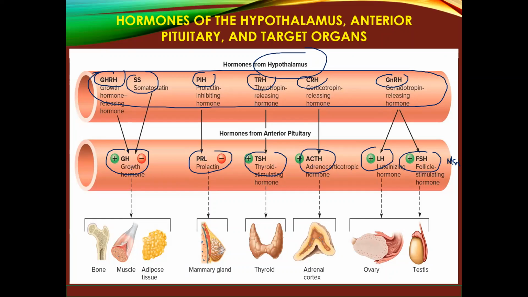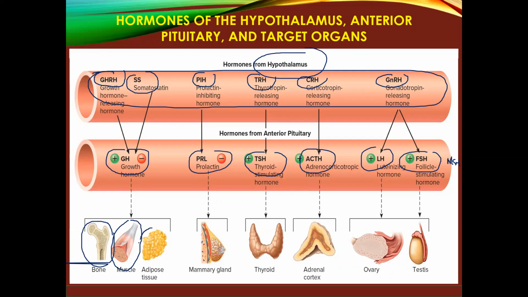And these hormones, like the growth hormone, will go to their target cell. And when we talk about growing, we know the organ that is growing is bone. So the bone becomes the target cell for the growth hormone. Also, our muscle is growing. So this is also a target for the growth hormone.